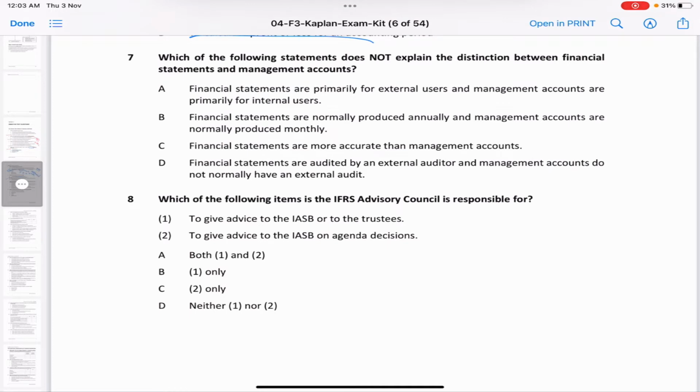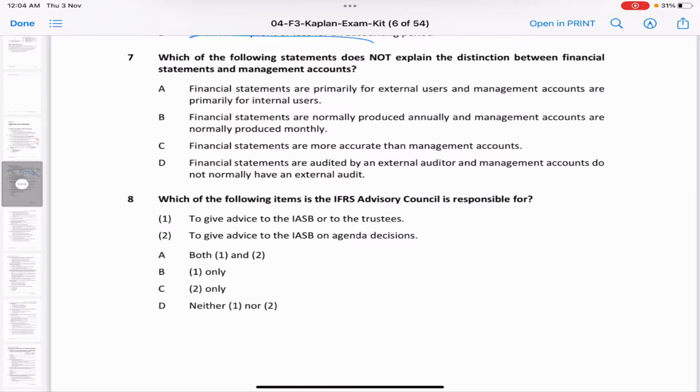Which of the following statements does not explain the distinction between financial statements and management accounts? So which is not a difference? Financial statements are primarily for external users and management accounts are for internal users. That is correct. Financial statements are normally produced annually and management accounts are done monthly.